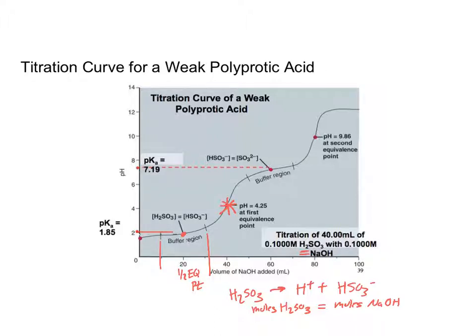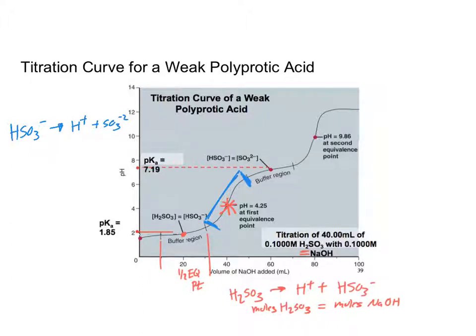Now at some point from here to here, we remove all of the primary hydrogens, all of the one hydrogen, and you enter into the buffer zone, in which case you will have this reaction to consider, in which it will deprotonate to H plus and SO3 2 minus. So at this point, we now have a new buffer region.